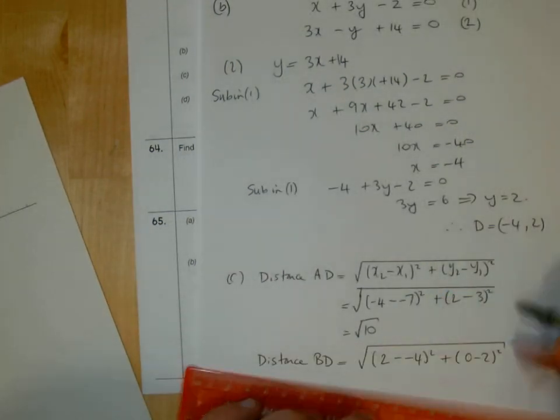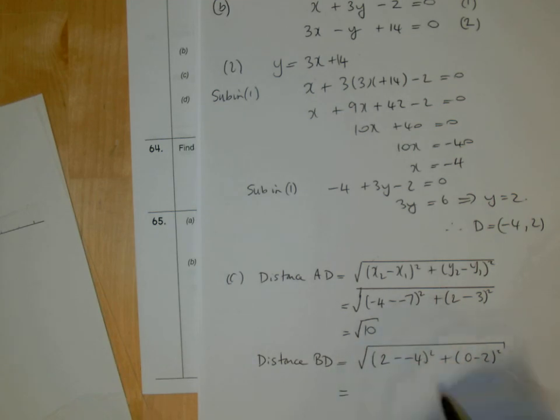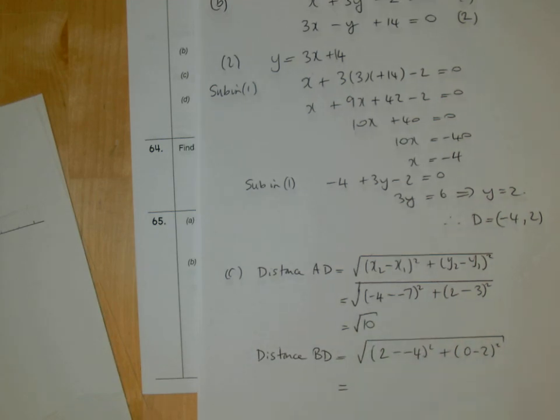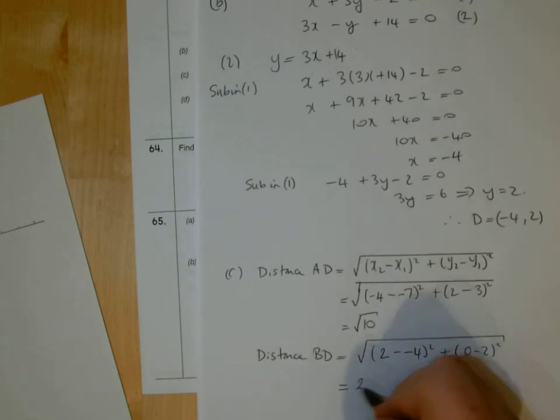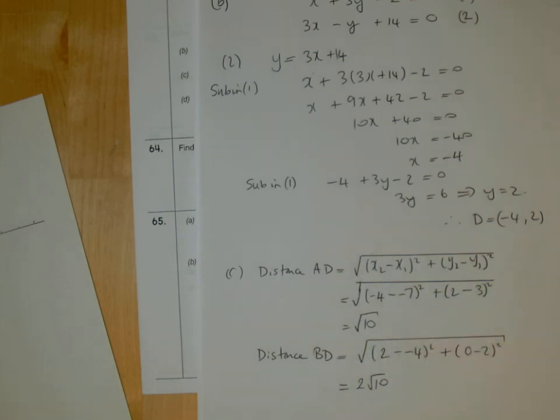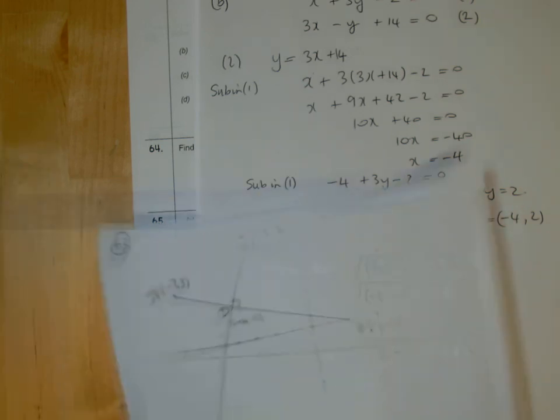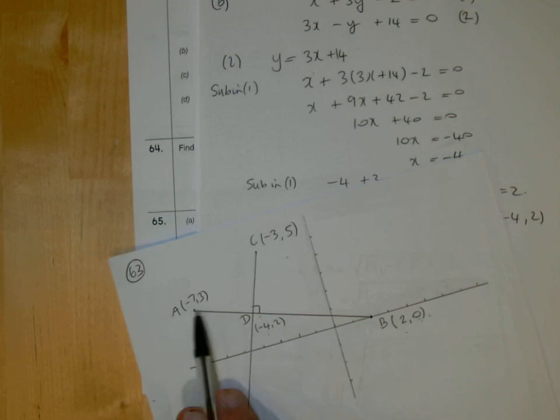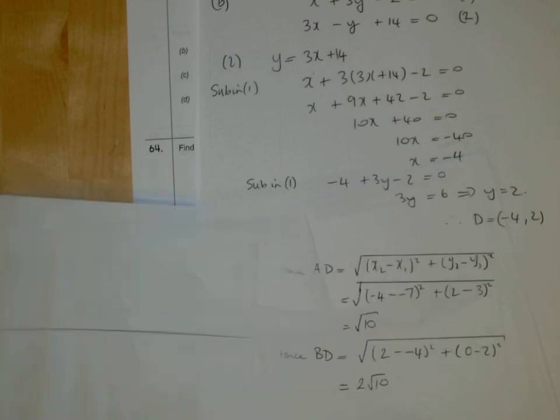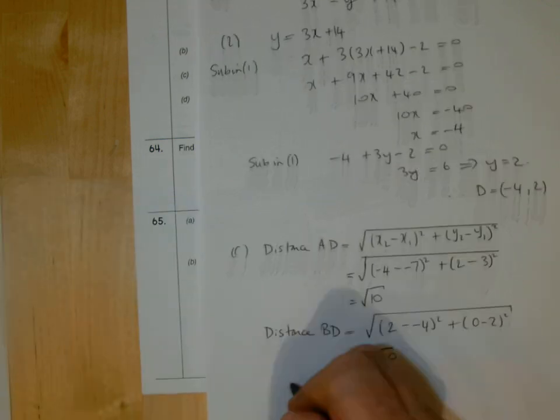Now, if it was the perpendicular bisector, this should come out as root 10. So when I work that out then, I'll actually get 2 root 10. So the distance there is actually double the distance here. Kind of looks it, doesn't it, on my sketch?